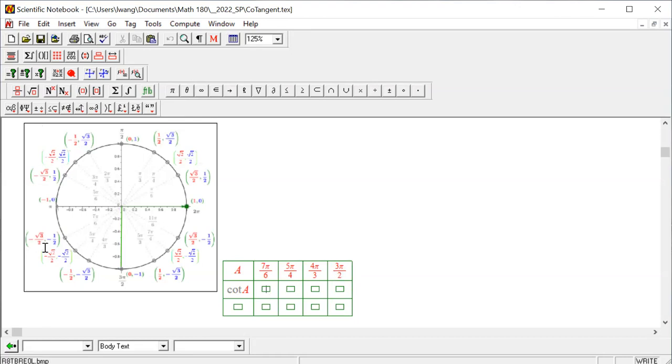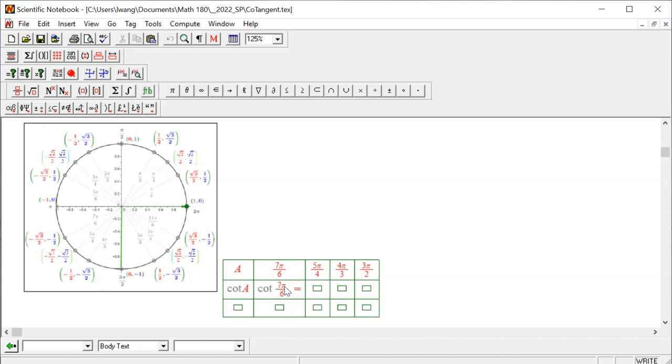Okay, and the red number divided by blue number. The red number and blue number are both negative for these 3. So negative divided by negative is going to be positive. So cotangent 7 pi over 6 is going to equal square root of 3.